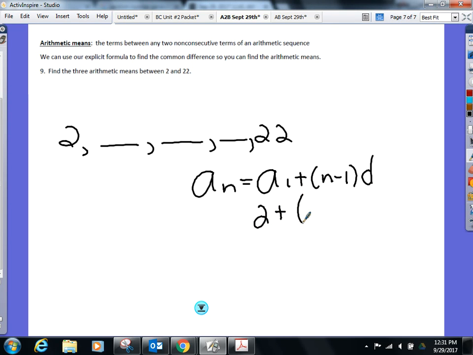How many terms do I have? Total terms here in this sequence. 5, so that's my n value. 5 terms. You're solving for D, right? What's the end number of this sequence? 22. And now you can solve for D, and add it to 2, add it to the next one, add it to the next one, and it'll end up at 22.